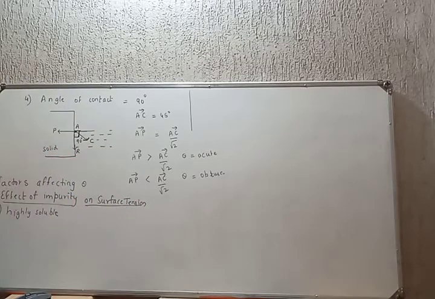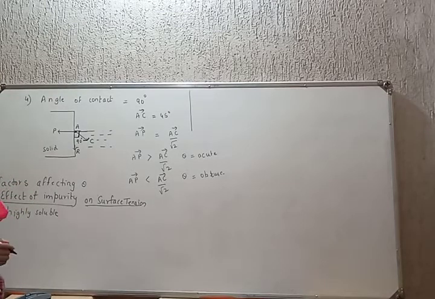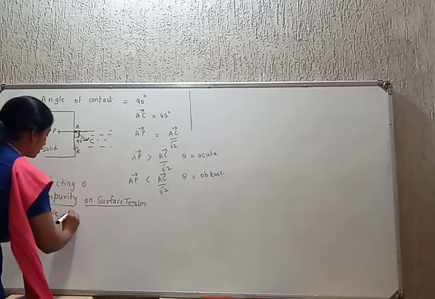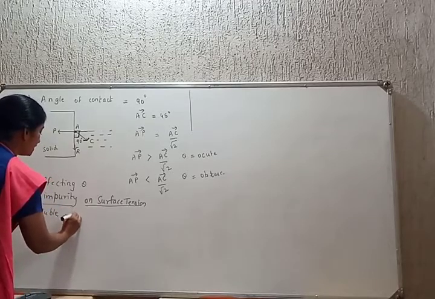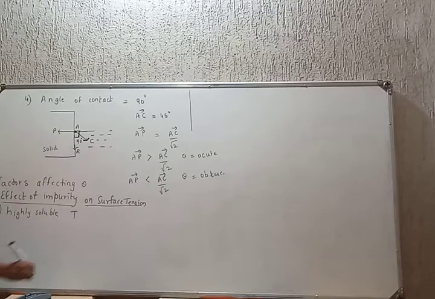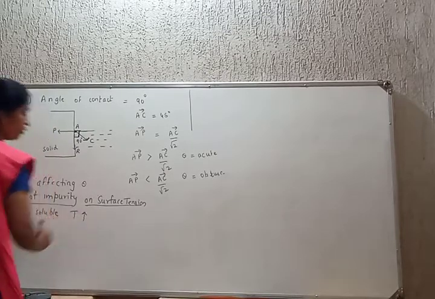If the impurity added is highly soluble in the liquid, for example salt added in water, then surface tension, denoted by letter T, increases.